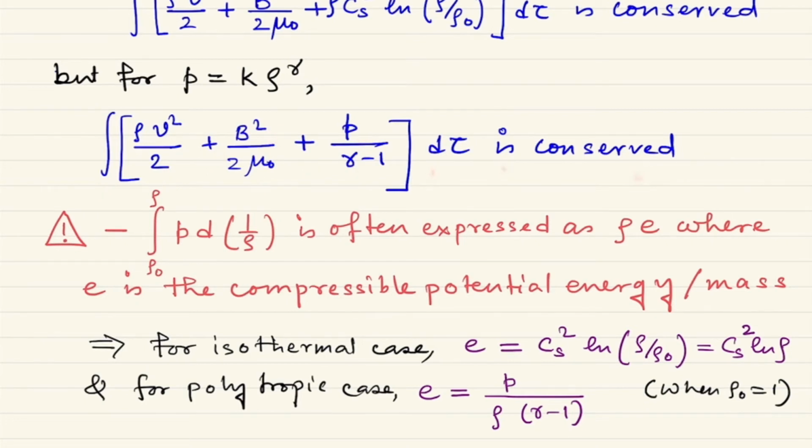As I just said, this one is often expressed, and that is not the correct case actually, this one should be rho. So rho times this thing is often expressed as rho E, where E is the compressible potential energy per unit mass. Okay, so then we are done.